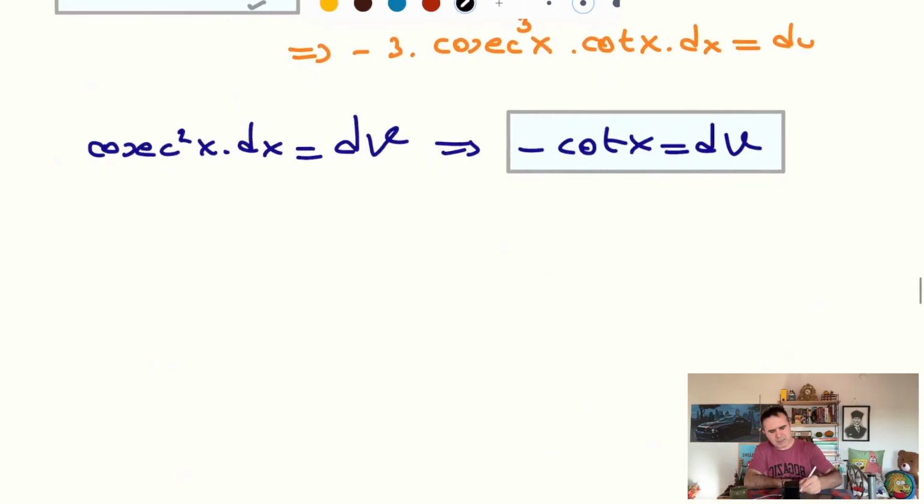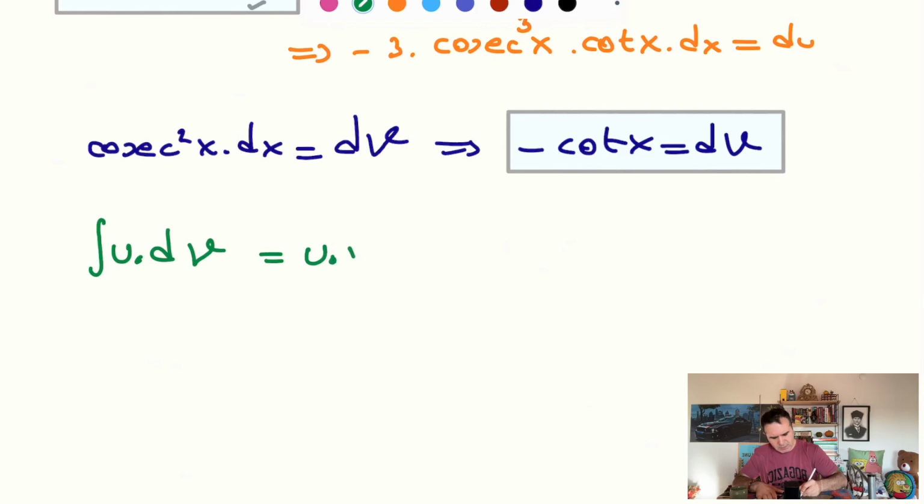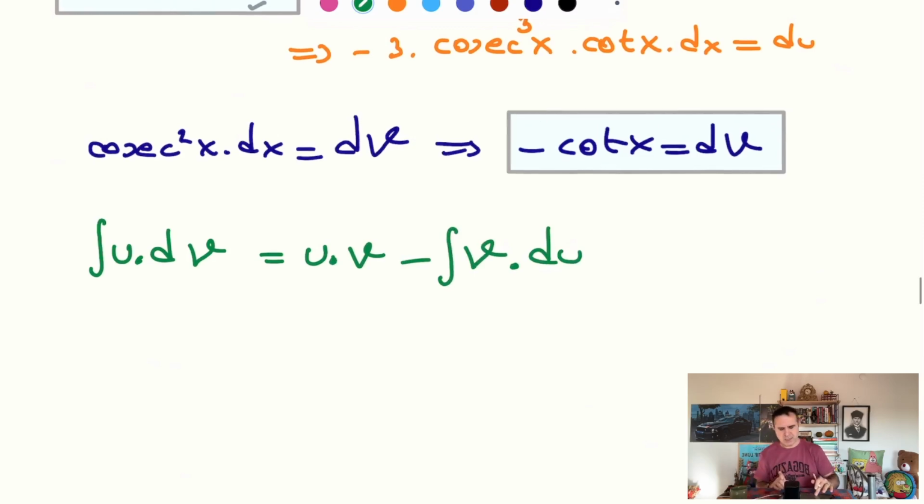Integration by parts says that if you have any integral such as u times dv, and u is a function of x and v is another function of x, this integral will be equal to u times v minus integral of v times du.